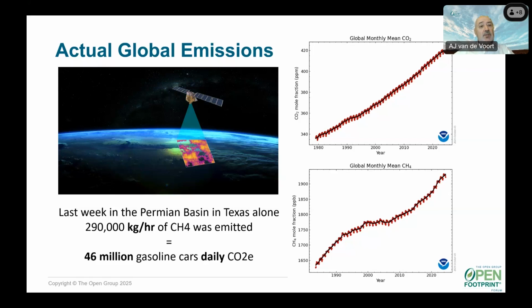That equals the daily emissions of 46 million gasoline cars, and that is measured in CO2 equivalent. We're using their global warming potential factors. If you have been involved in this topic, and if you're not, then I'll explain that. You can multiply the methane with about 80 to get to the equivalent for CO2, and that's called the global warming potential, right?